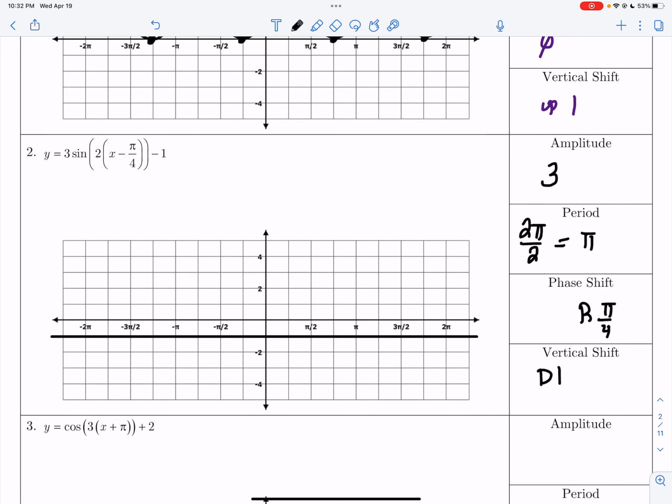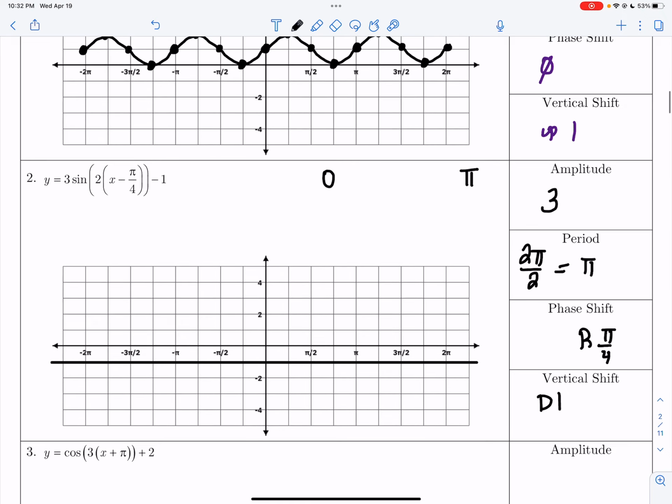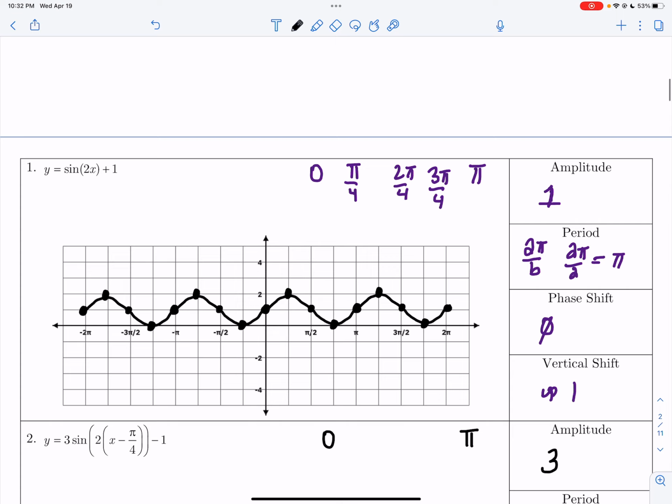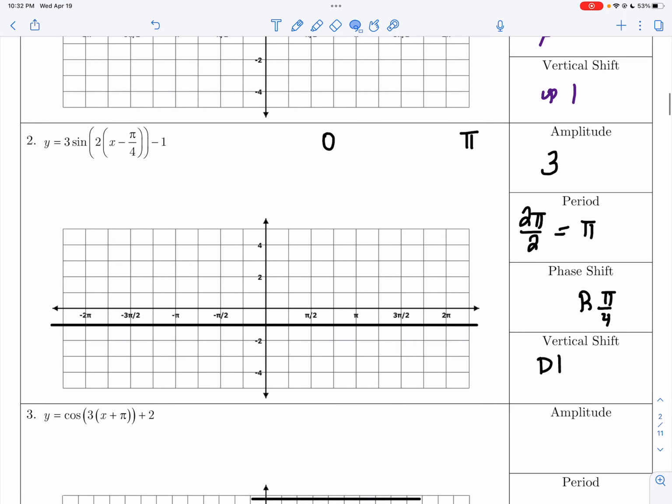To find my reference points, I have my period of 0 to pi. And then I am going to add in my quarters, which is the same thing that I had up here, except this time, because I have a phase shift of pi over 4, I'm going to add everything by pi over 4.